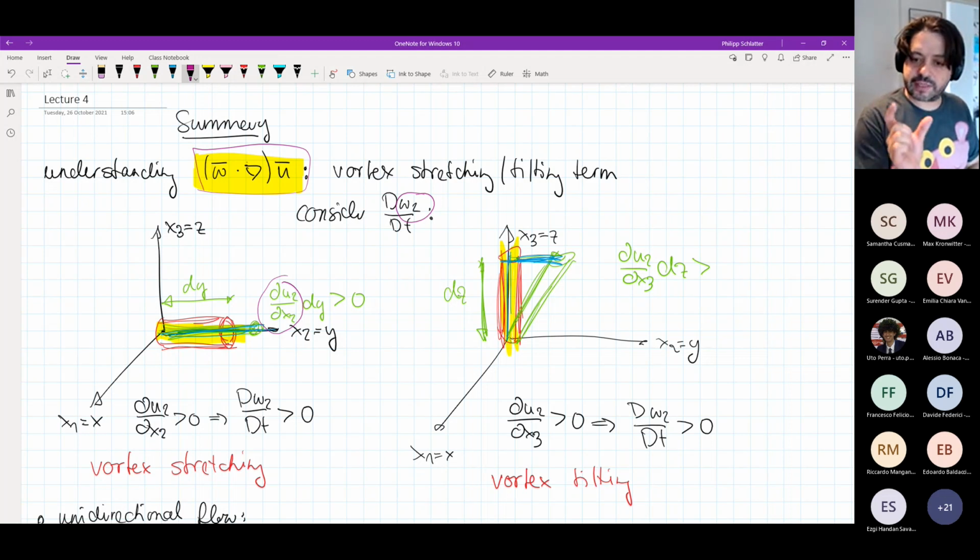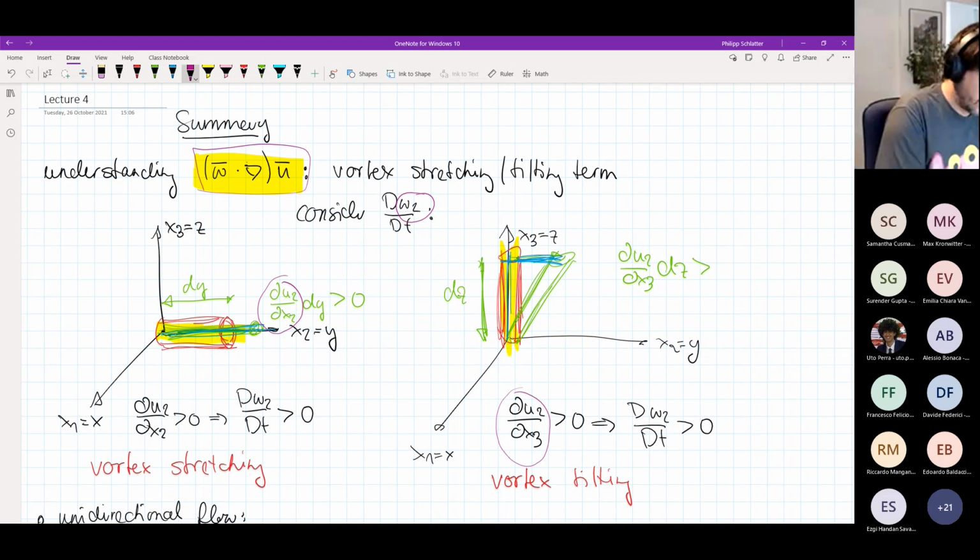So just think of the vorticity as a material line, as a little piece in the flow domain, and if the flow field is such that it would expand that section, then we would have vorticity stretching. So that would be these diagonal terms. At the same time, if we have a flow field that corresponds to shearing motion, so in this case, if we again consider omega 2, we look at the evolution of vorticity in the two direction.